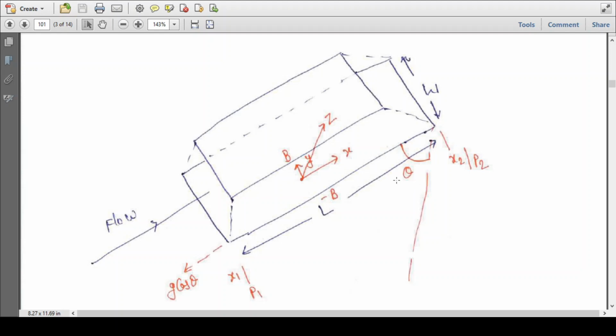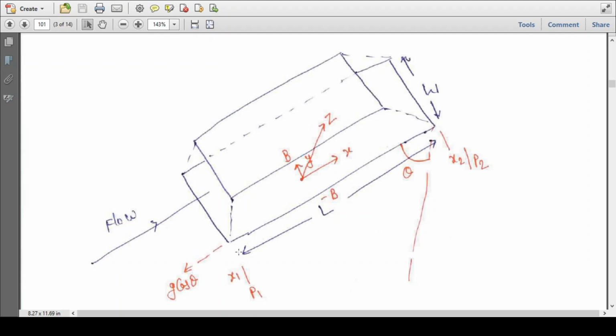So g always acts vertically downwards, and this slit we have deliberately considered inclined at theta degrees so that we can change it into any orientation. The derivation we get from here will be applicable in all directions by just changing theta.